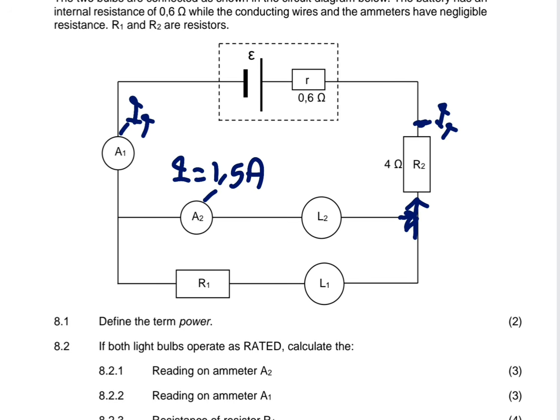Okay, so for the reading on ammeter 1, we can use the same formula again. P = VI. There are a lot of power formulas, so we can use any of them. I'm just using this one because it has what we need.